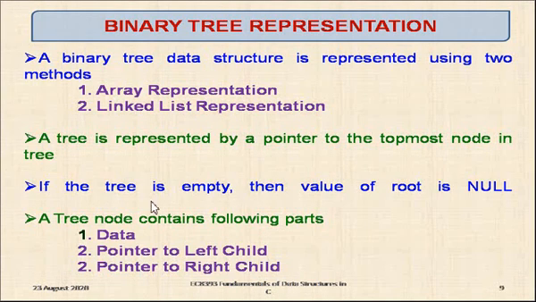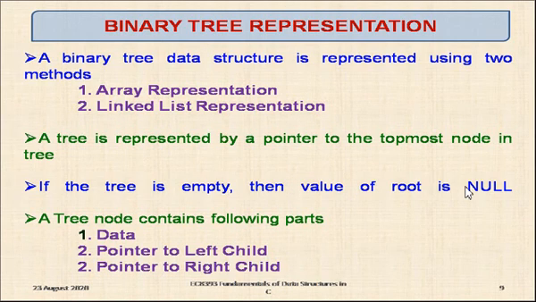Every node in the tree, the topmost node of the tree is called the root of the tree, and other nodes are called the tree nodes. So every tree node is having three parts, that is data, pointer to the left child and pointer to the right child. Suppose the tree is empty, then the value of root is null, that is a null pointer.